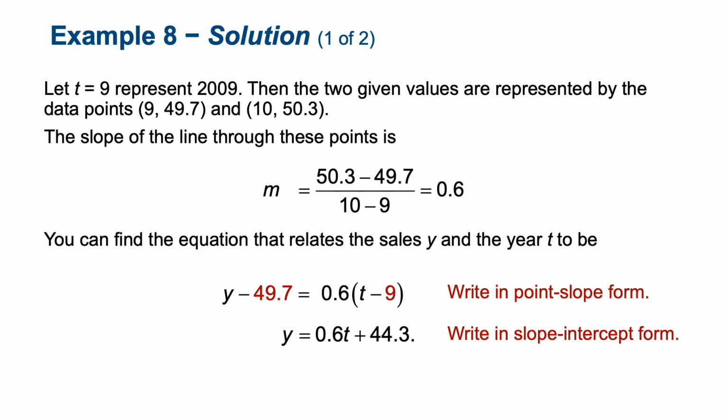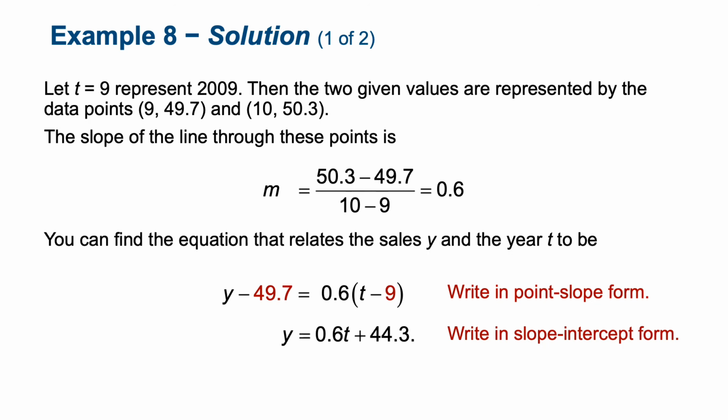So we let t equals 9 represent 2009. Then you can represent the data by the points (9, 49.7) and (10, 50.3). The slope of the line through these points is m equals (50.3 minus 49.7) over (10 minus 9), which is 0.6.